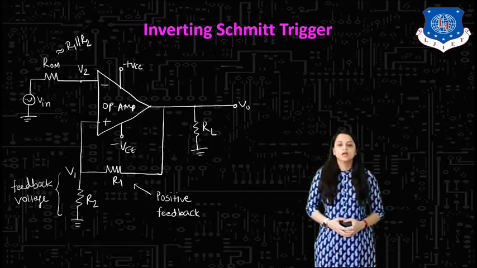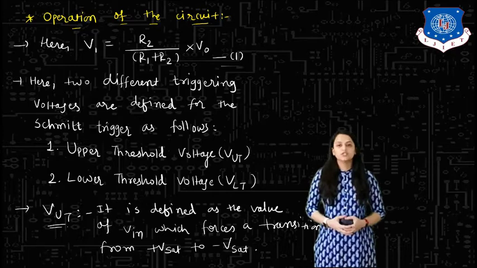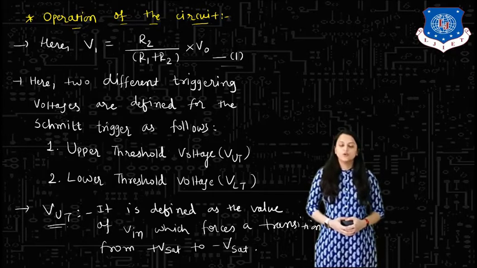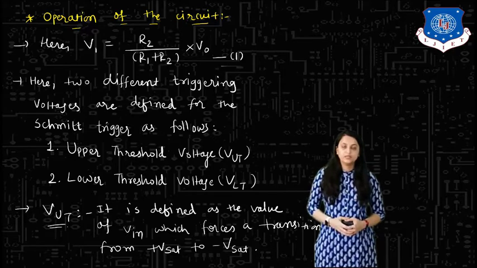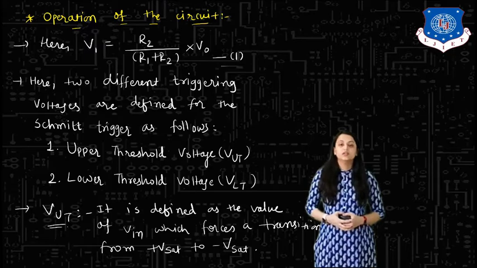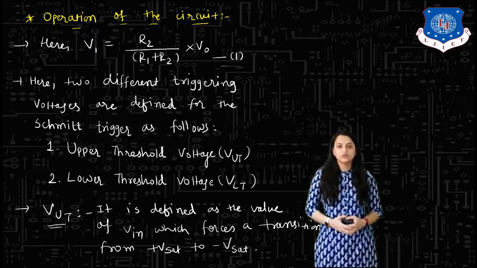Now let us see the operation of this circuit. Here V1 equals R2 upon R1 plus R2 into VO, which is equation number 1. Different triggering voltages are defined for the Schmitt trigger.